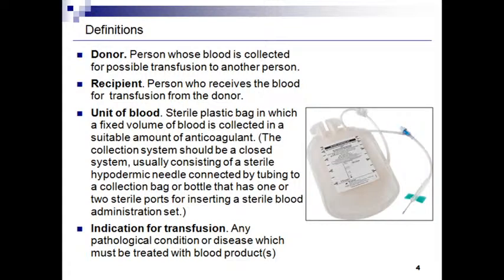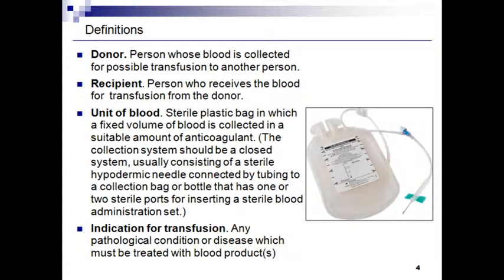You should know some definitions about blood bank service. First definition, donor. Who is a donor? A donor is a person whose blood is collected for possible transfusion to another person. From whole blood, we can prepare some components.